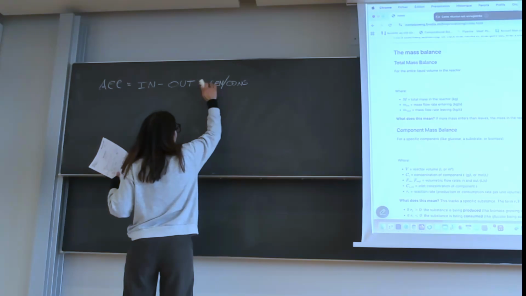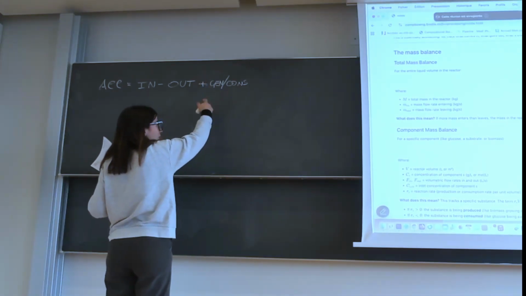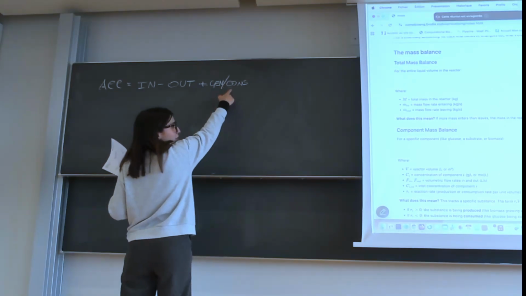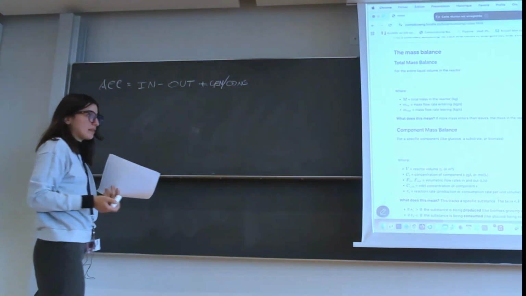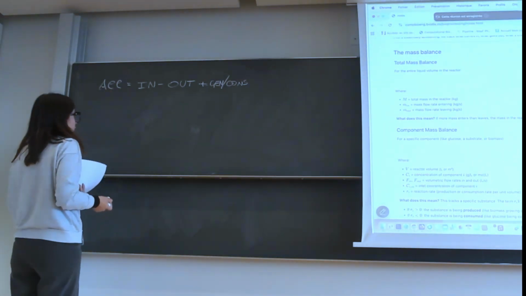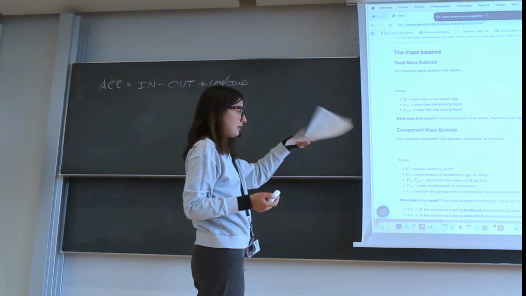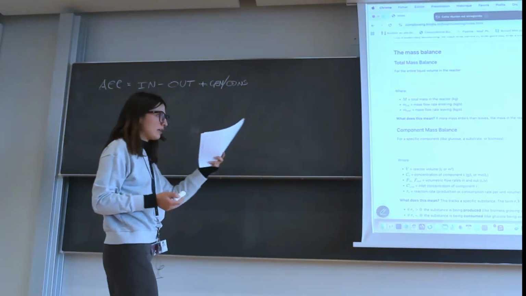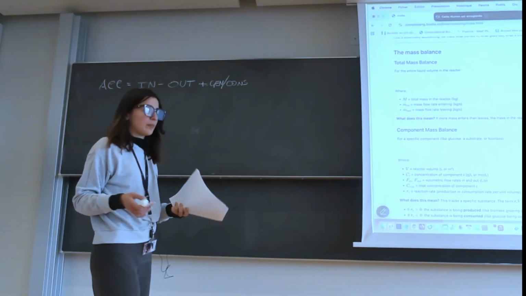So it's a plus if we are generating, and it's a minus if we are consuming the species inside the system. For the mass balance, we can write two equations: one on the whole flow and one on the single species.